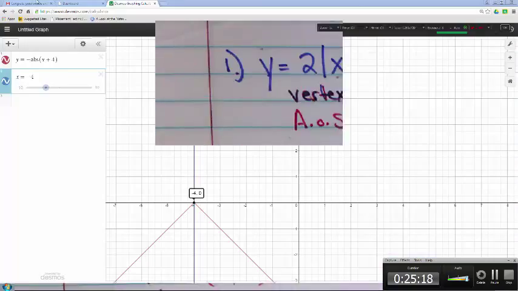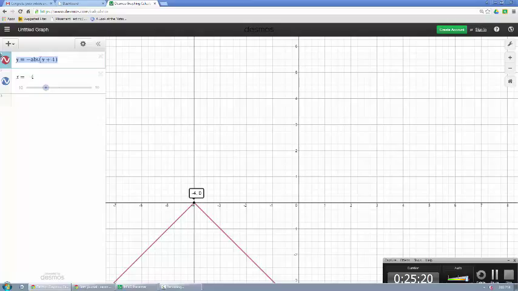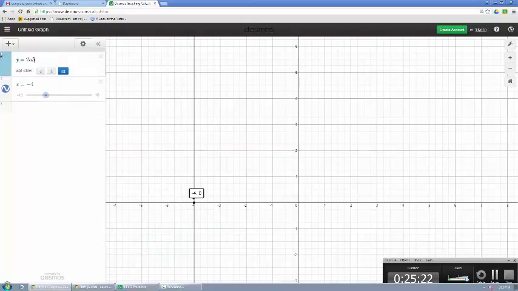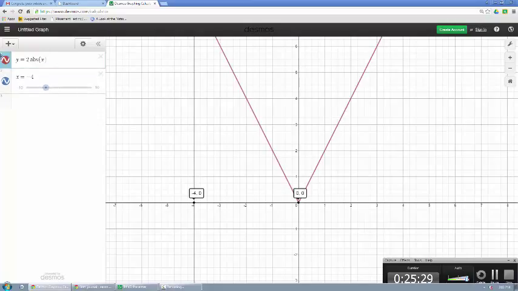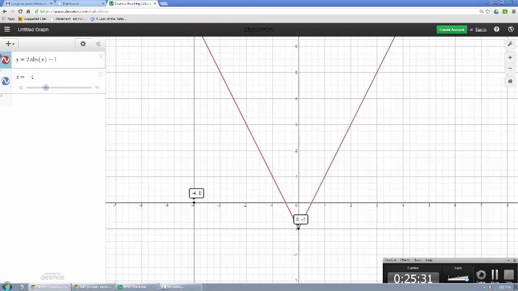So if we look at this, we're going to type this in, y equals 2 absolute value of x minus 1. We get an absolute value function that's been moved down 1. We should, because that's a minus 1. Opening up because the amplitude's positive 2.